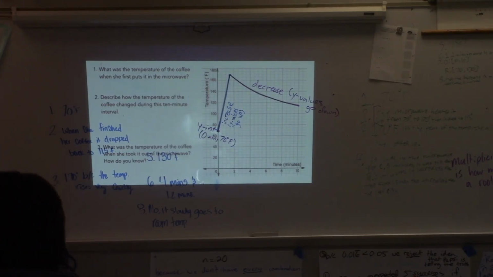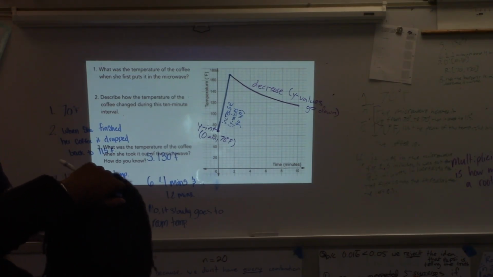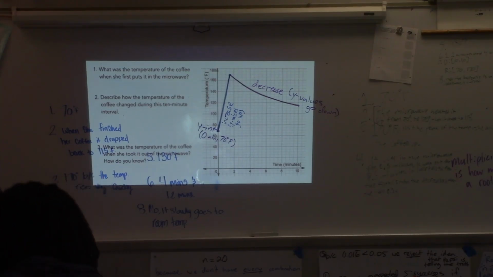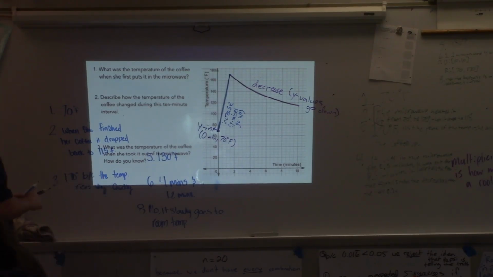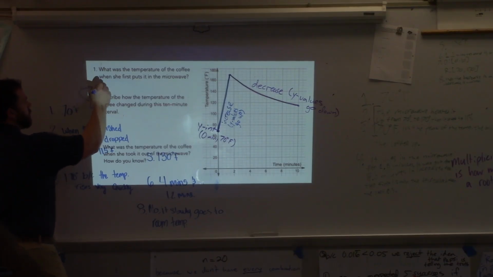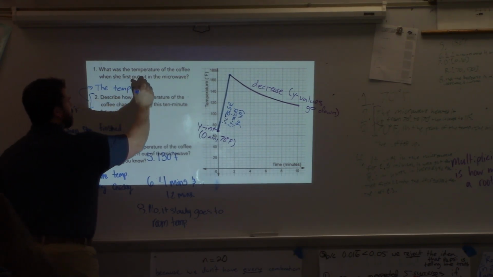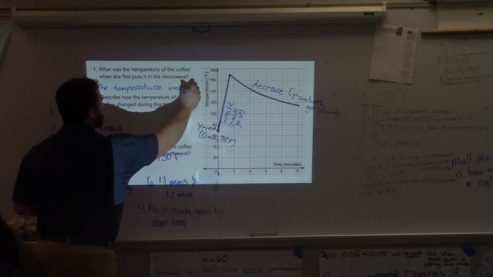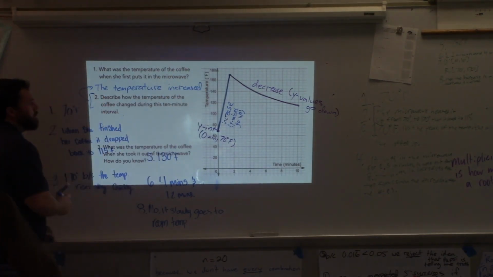Now, here's what I want to point out, and I need y'all to hear me clearly on this. A lot of y'all did a great job on number 2, starting out saying, so describe how the temperature changed. So the temperature increasing to 170 Fahrenheit, from 0 to 1.5 degrees, then decreases.